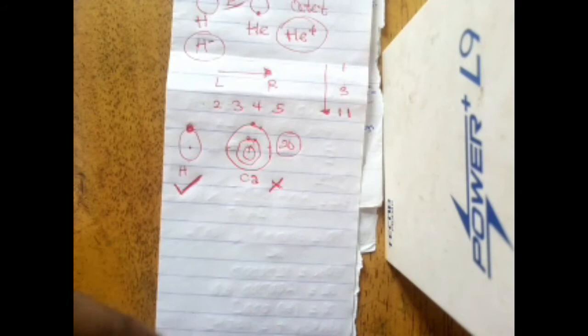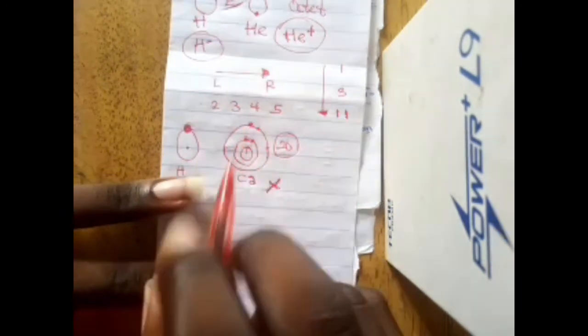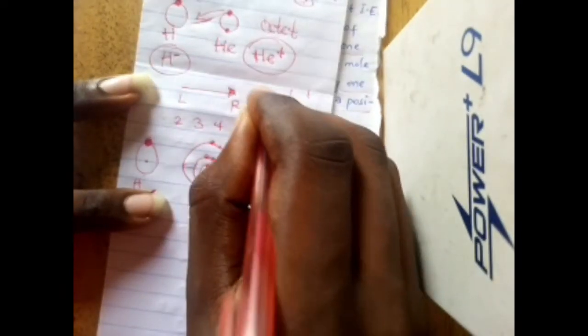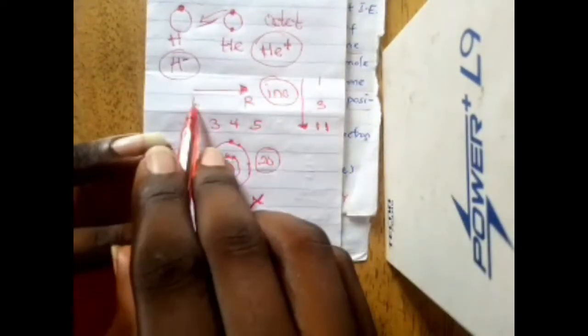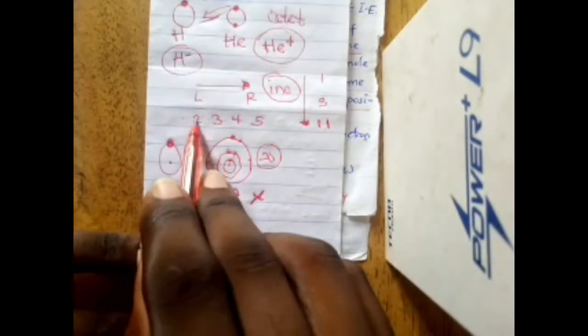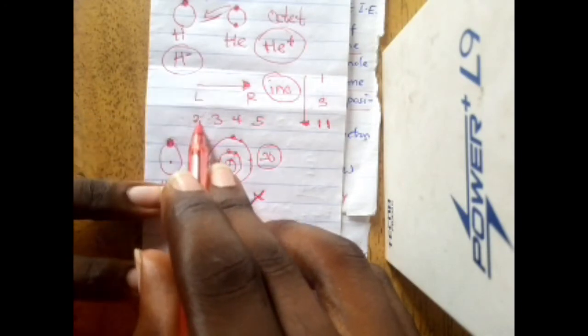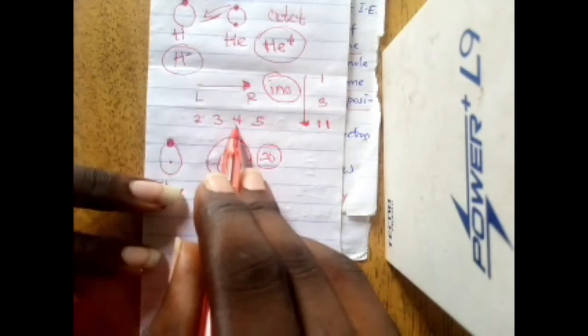So what this means is that as you move from left to right of a periodic table, the ionization energy increases. This is because as you move from left to right, electrons are being added to each orbital. This becomes 3, this becomes 4, this becomes 5.